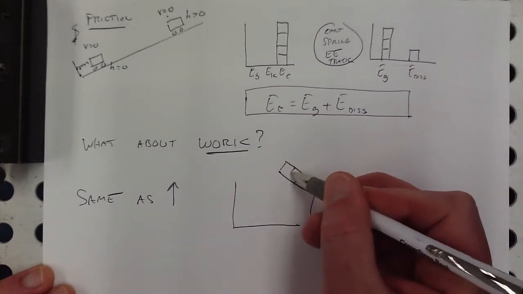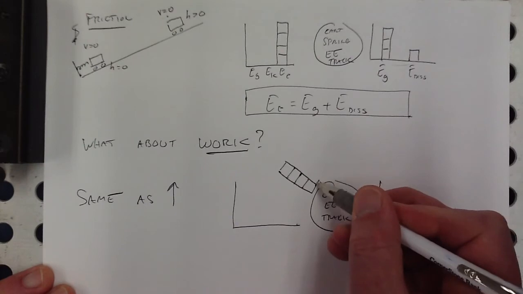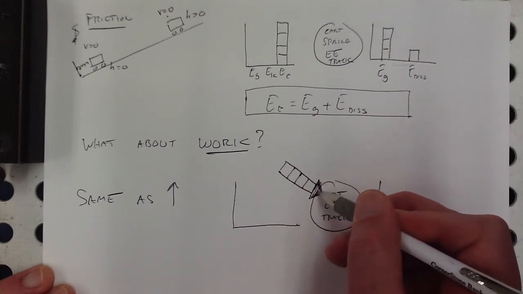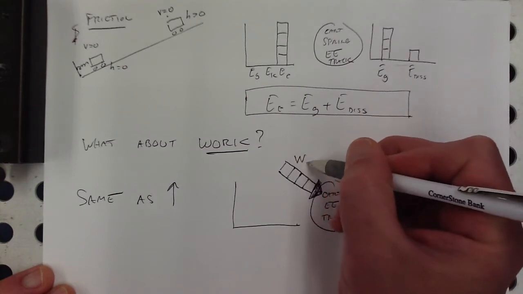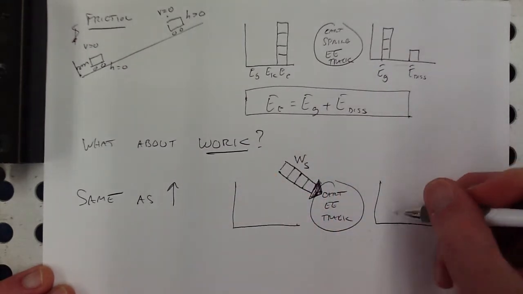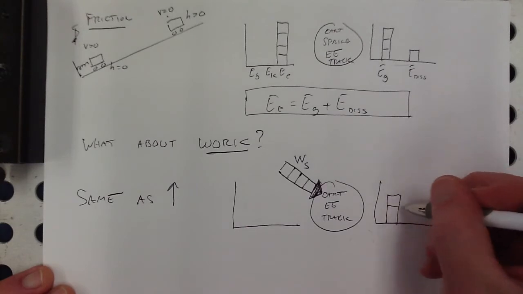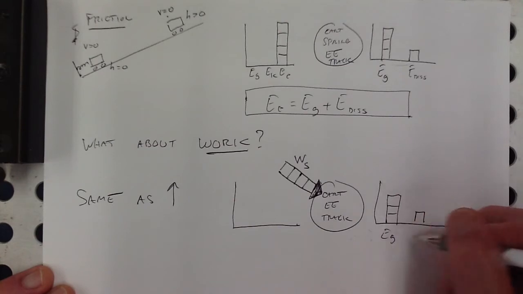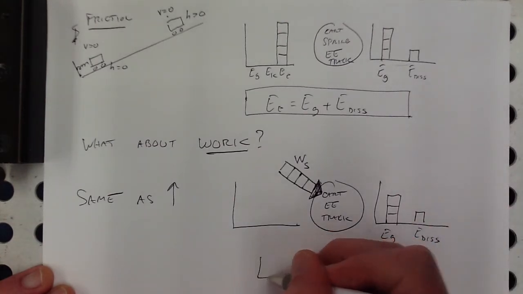I make a little bar with 4 little notches in it, and then make an arrow showing that this is work done by the spring adding energy into the system. And that would be the same.